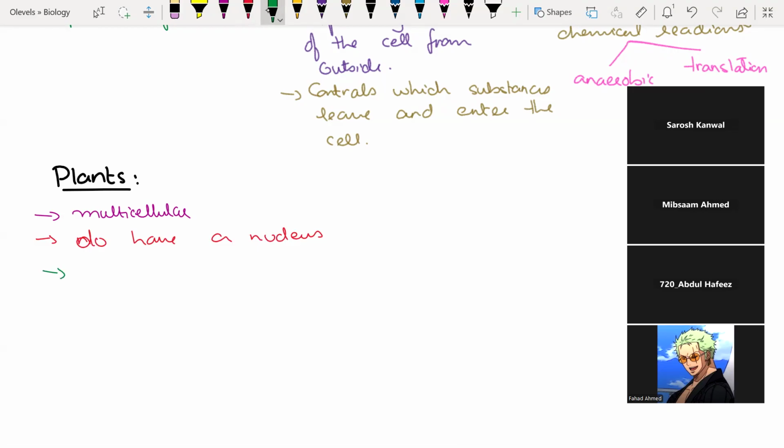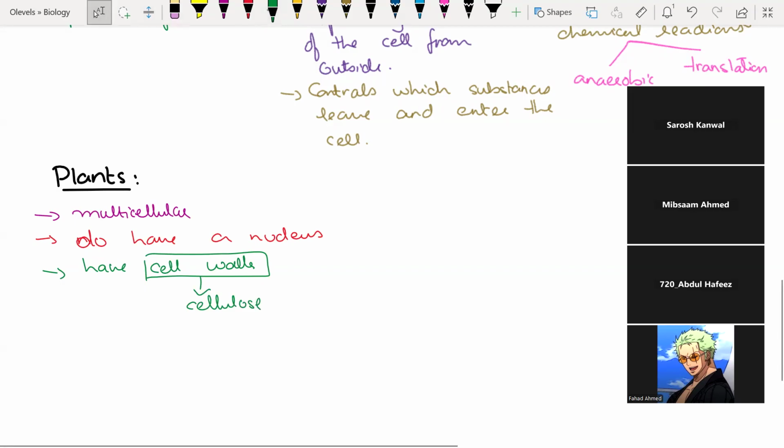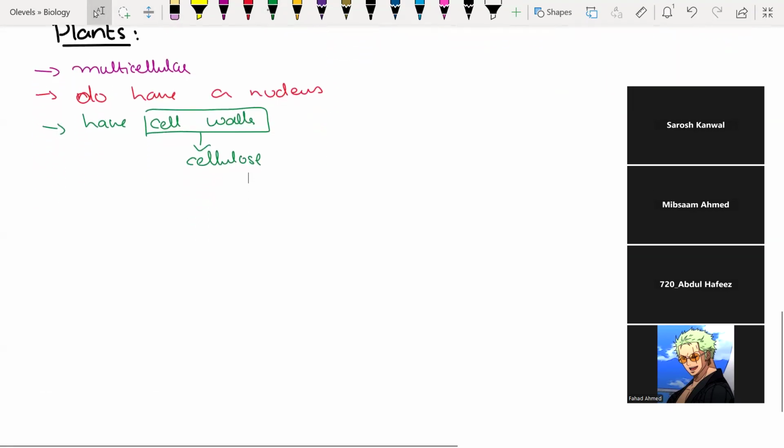Apart from that, they have cell walls, and cell walls are made up of which material or which substance? Cellulose. Good, it's made up of cellulose. It's the component present in the cell walls of plant cells.